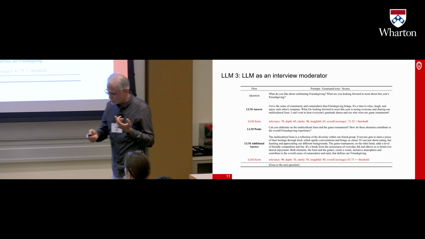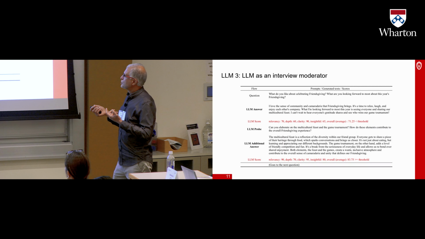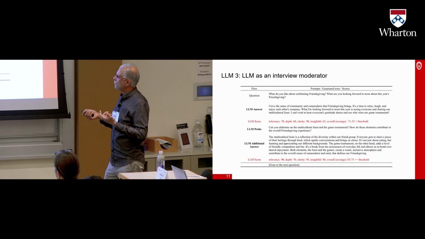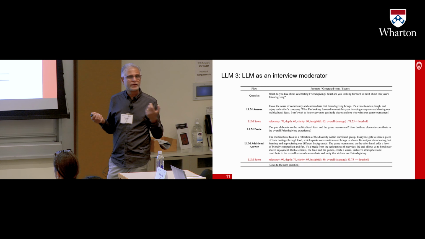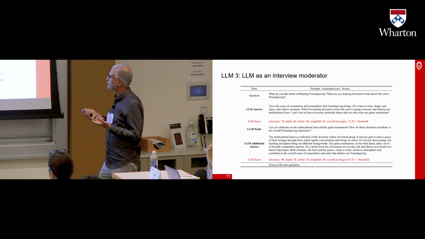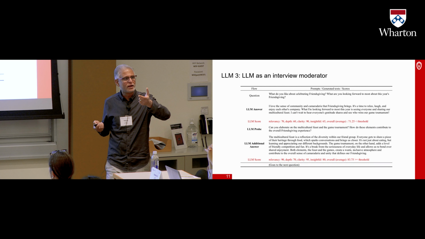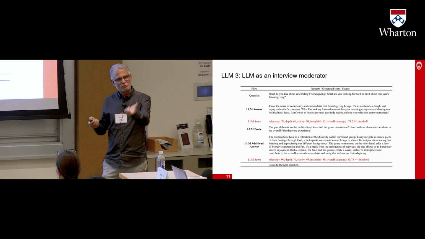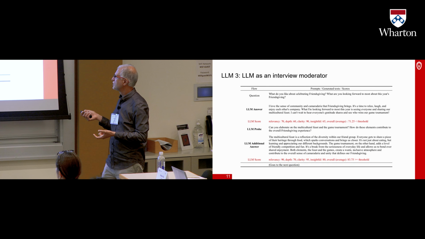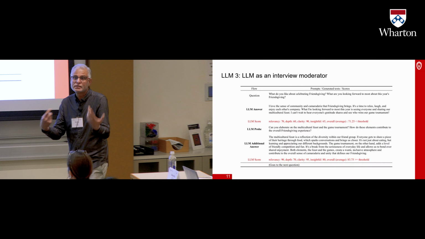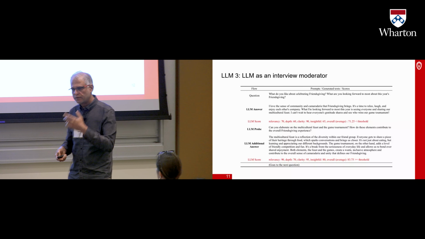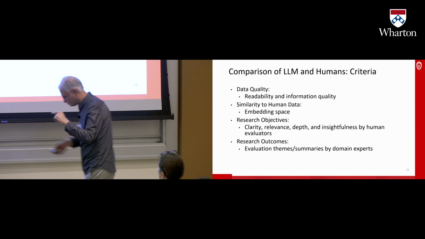The moderation idea is you ask a question, you get an answer, then we ask the LLM to score it on relevancy, depth, clarity, and insightfulness, with an arbitrary threshold of 80. If it's below that number, we tell the LLM to ask a follow-up question, and it does, and then you get another answer, and now the threshold is met. Then we have a satisfactory answer. That's the nature of the data.